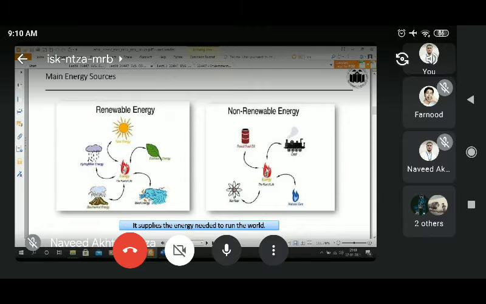And then due to rain, the hydropower energy we are using to generate electricity. And there are non-renewable, that is the fossil fuel, oil, coal, natural gases, and nuclear. This we are using. Nuclear will also come, and tidal will also come into the renewable energy sources.